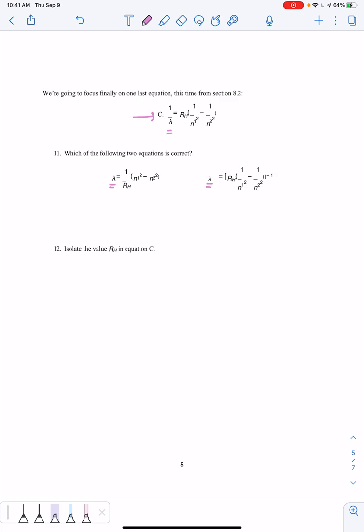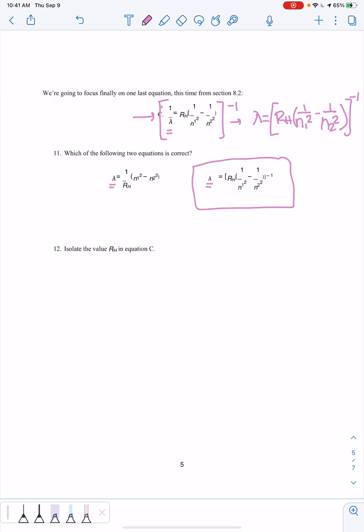But what we do to one side of the equation, we always want to do to the other. So we can actually take the negative exponent of this whole thing. When we do that, we get lambda, because we're flipping that fraction, over R_H, in parentheses, 1 over n1 squared minus 1 over n2 squared, all of that to the negative 1. And then that looks exactly like this second equation.